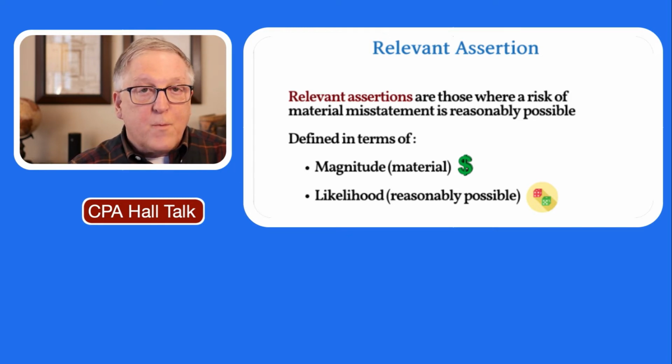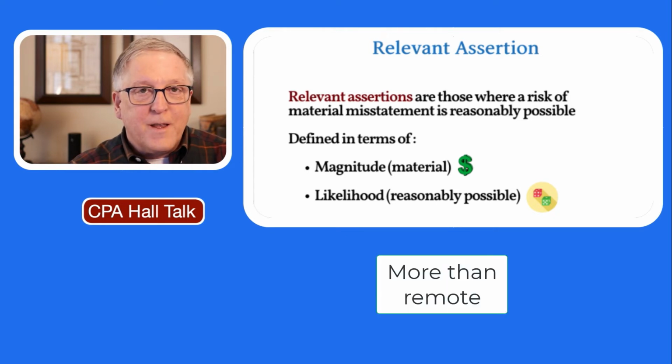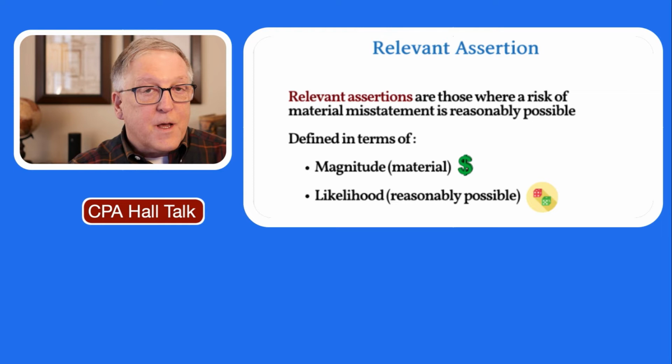Now, that term reasonably possible, you may be wondering, what does that mean? If you look in the literature, it means more than remote. If there's a more than remote chance that you're going to have a risk of material misstatement, the assertion is relevant.